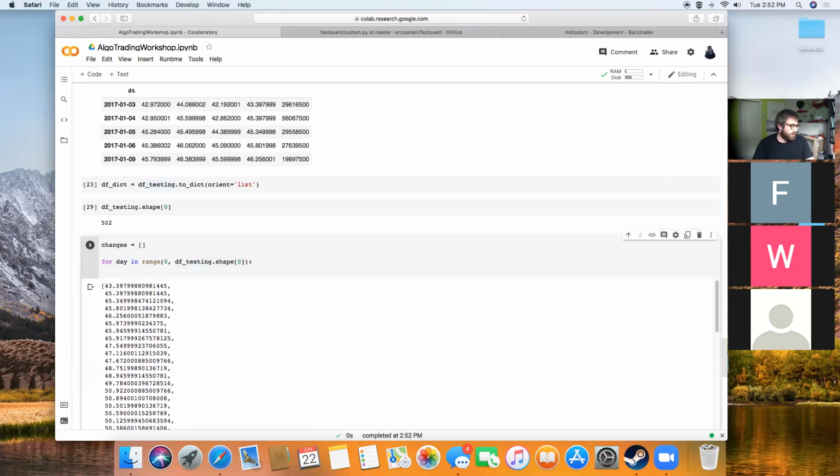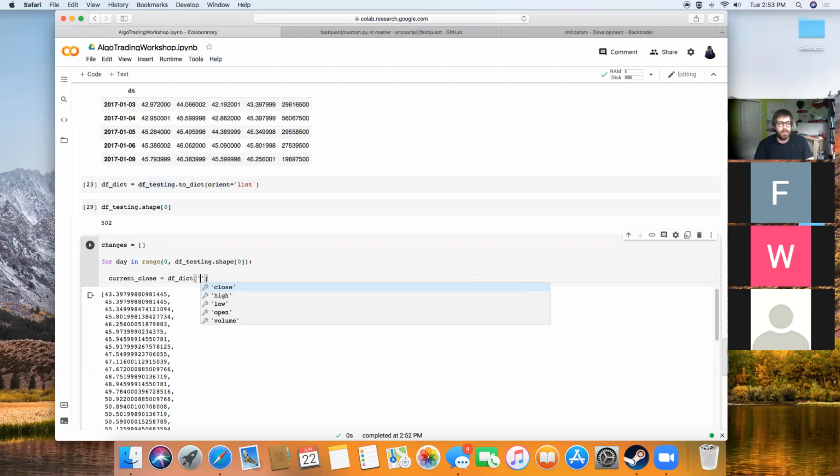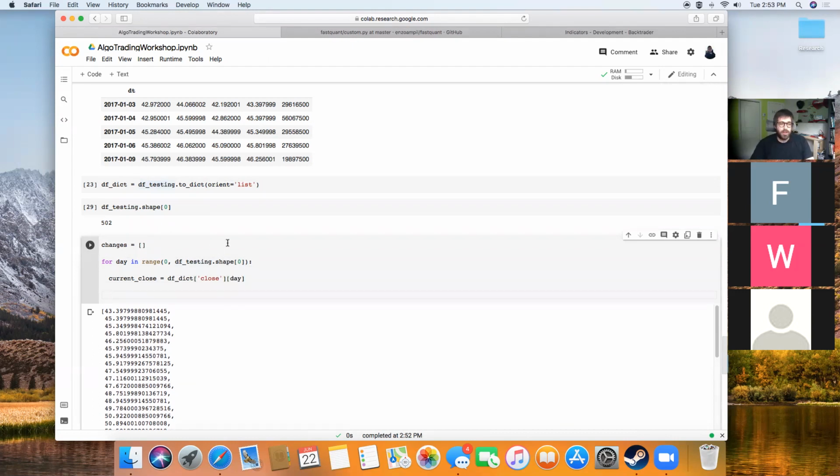The reason I'm doing this is that now, if I want to get the current close price of this day, I can do the dictionary at close and at this index. For this specific day, this is the current close.